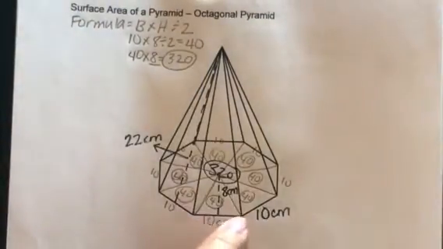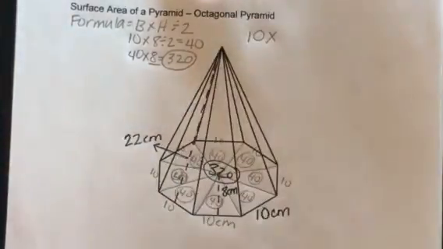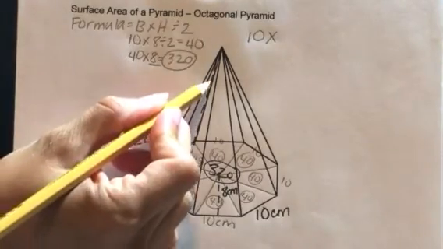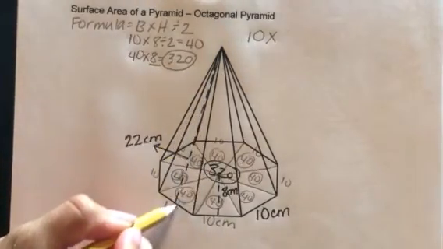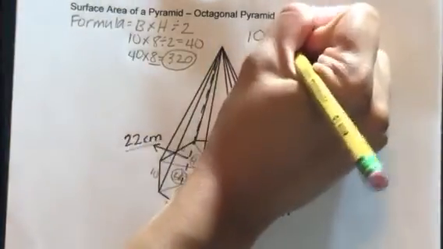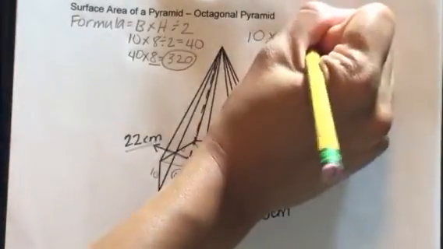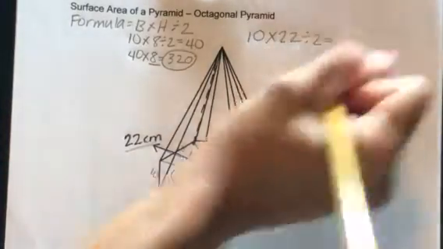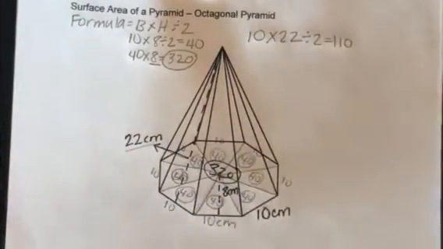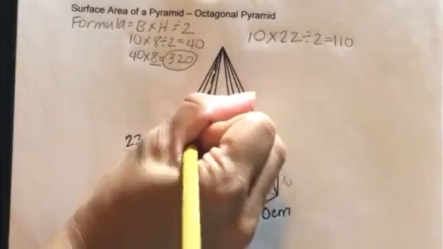So again, our base is the same, it's still 10, times, now our height, it's over here if you can see it, it's going up to the very top. So the height, if you can see, is 22. So I'm going to do 10 times 22, and then I'm going to divide that by 2. And you get 110.